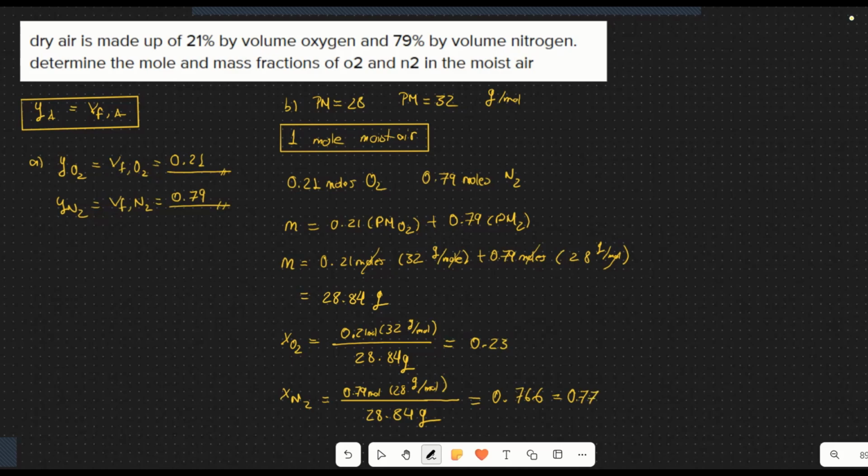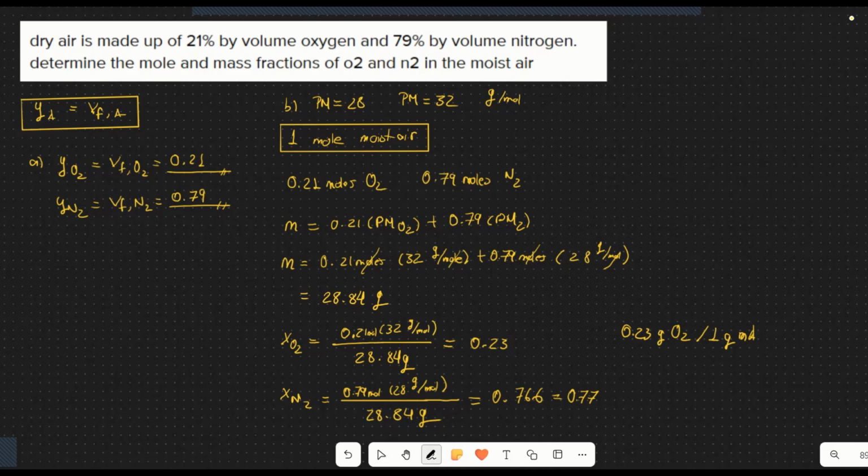Like I previously expressed, if we know 1 molar or mass fraction, we can determine the other simply by subtracting it from the unit, because the fraction is how many moles or grams of a substance are present per unit of the substance. And so if we have that 0.23 grams of oxygen are present in each gram of moist air, then we can determine that the remaining fraction of the unit is going to be the nitrogen.